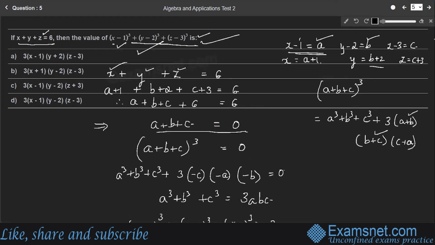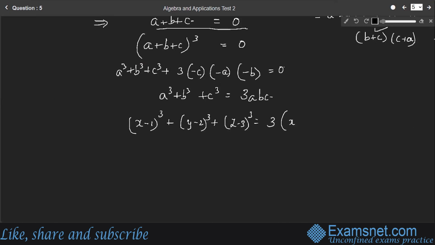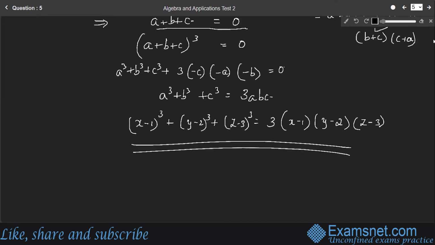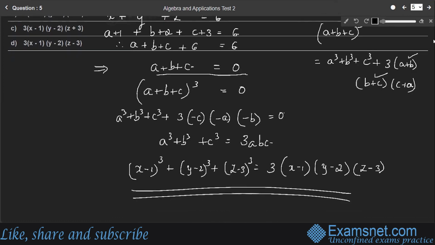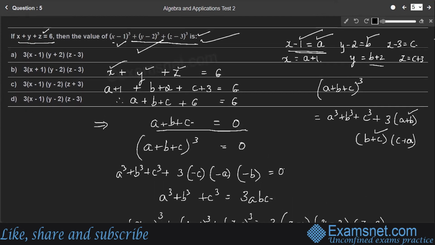So a is x minus 1, b is y minus 2, and c is z minus 3, right? Therefore, the value of the expression is 3 times x minus 1 into y minus 2 into z minus 3. So option D, right? Look at option D. Option D is the right answer.